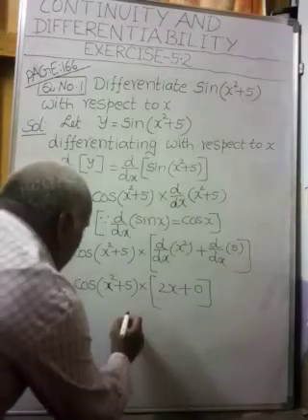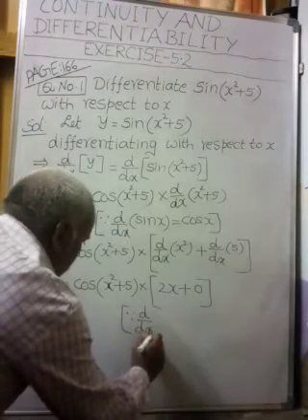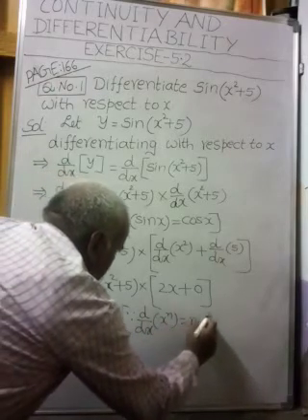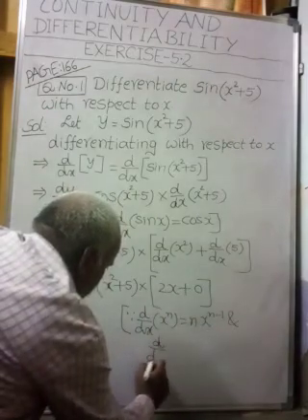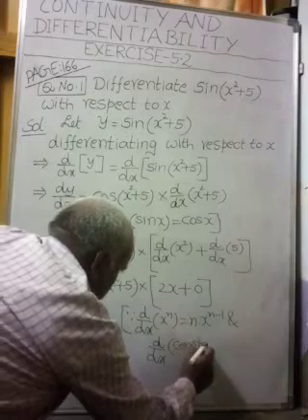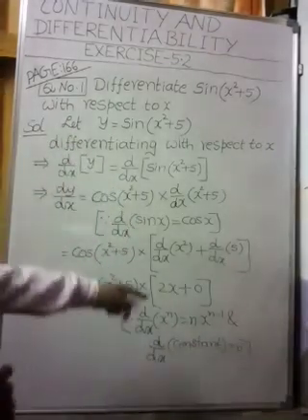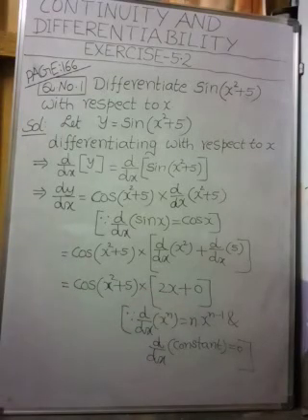Because d by dx of x power n is equal to n into x power n minus 1, and d by dx of a constant, whatever the constant it is, its derivative is 0. Understood this step, my dear children? Right.